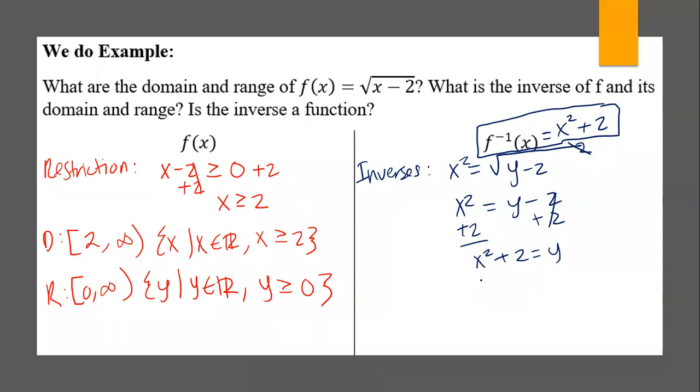All right, how do I find the domain and range? Just switch them, right? So the range here is now my domain. Is it okay if I just write 0 to infinity? Okay, I'll write it all out. x such that x is all real numbers, but x is greater than or equal to 0.